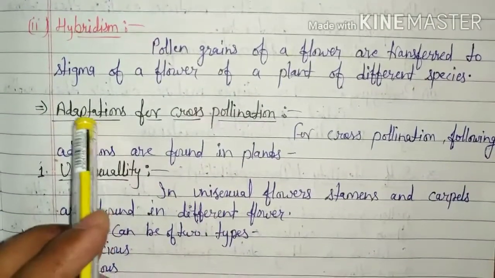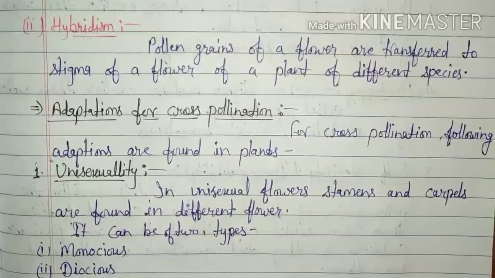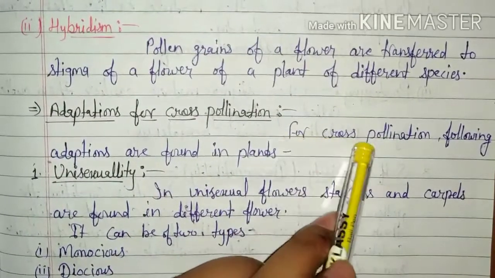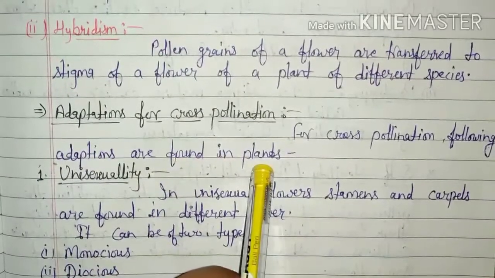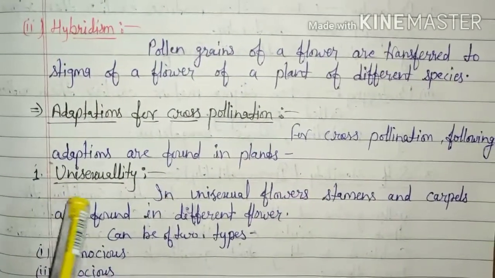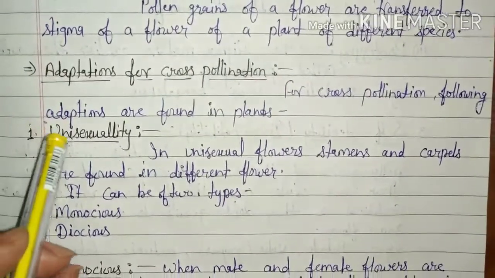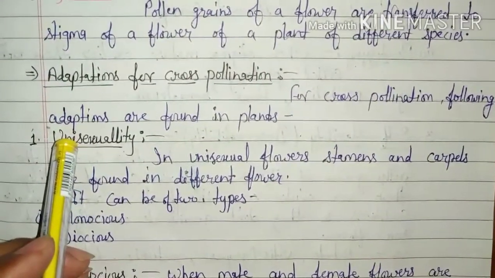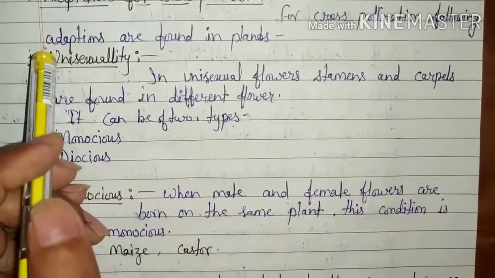Now, adaptations for cross-pollination. For cross-pollination, the following adaptations are found in plants. First, unisexuality. Second, incompatibility or self-sterility.